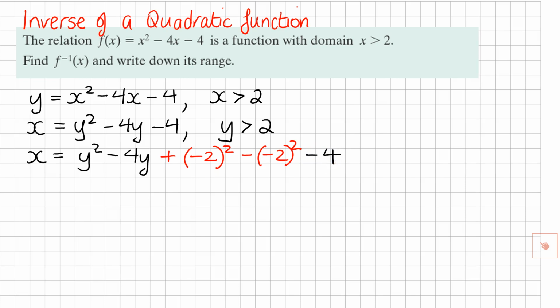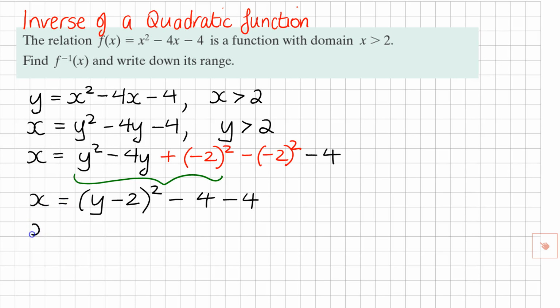So like before, I put my first three terms together as my perfect square, which in this circumstance is y minus 2 squared. I then have the next part which says minus 2 to be squared, which is going to give me minus 4. And I also have this minus 4 at the end. Okay, so x equals this.